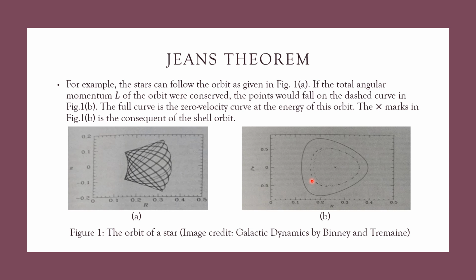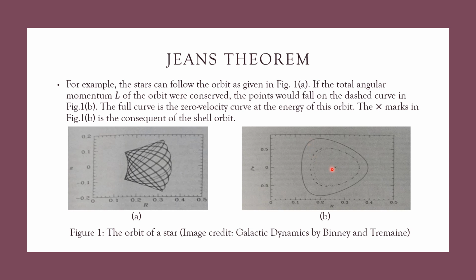However, it's essential to note that the full curve depicted in Figure 1b is the zero velocity curve at the energy level of this particular orbit. This curve delineates the boundary where the kinetic energy of the stars equals their gravitational potential energy, resulting in zero net velocity.